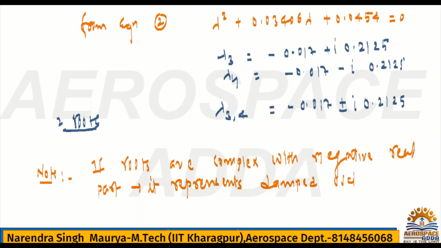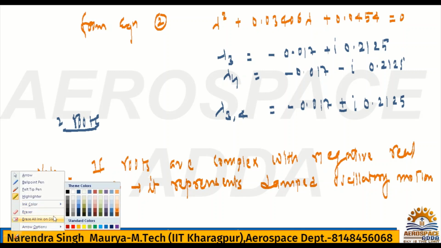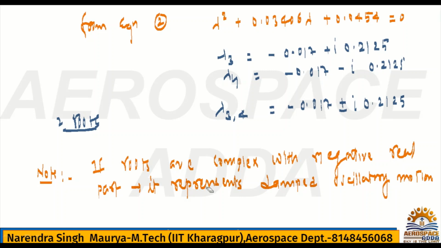Always remember this condition I had given last class. It represents damped oscillatory motion. You just make a note, because this one I had given last lecture. It's the Routh criteria basically.